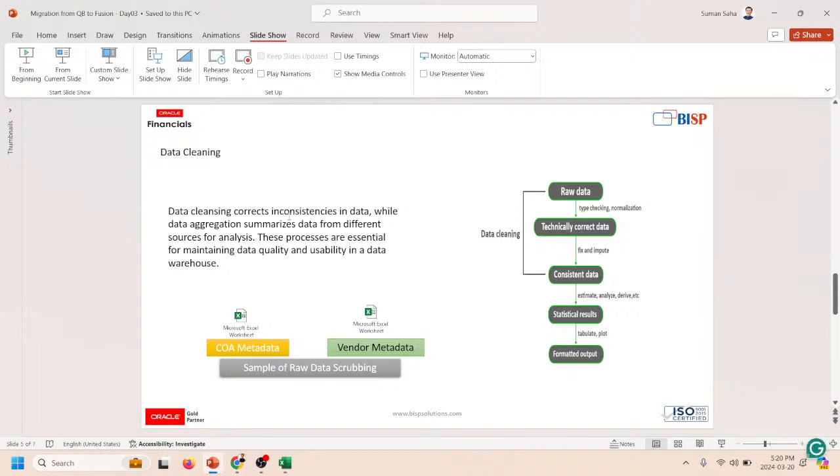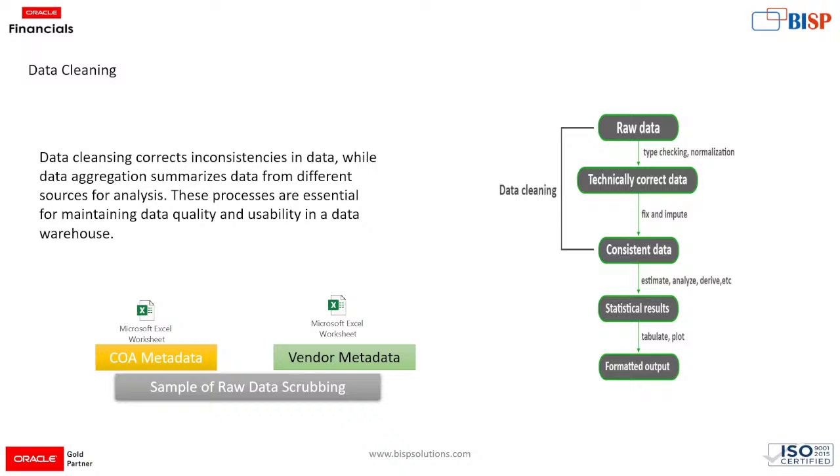So data scrubbing is another term for data cleansing and is often used interchangeably. It involves the process of scrubbing or cleaning the data to ensure it is consistent, accurate and ready to use.